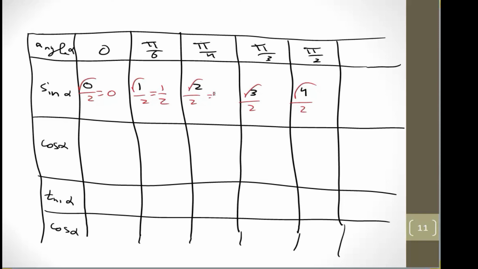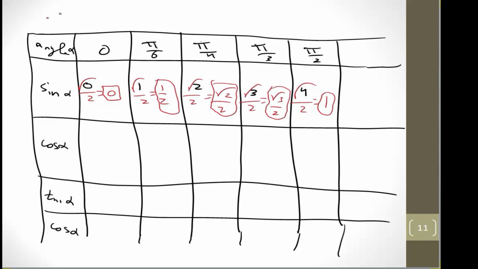Radical 2 over 2, it keeps radical 2 over 2, radical 3 over 2, it keeps again radical 3 over 2, radical 4 over 2, which is 2 over 2, and it is 1. So we have the values 0, half, radical 2 over 2, radical 3 over 2, and 1.